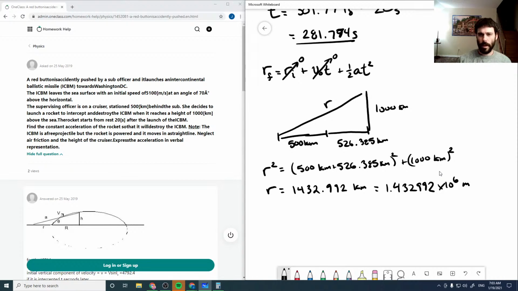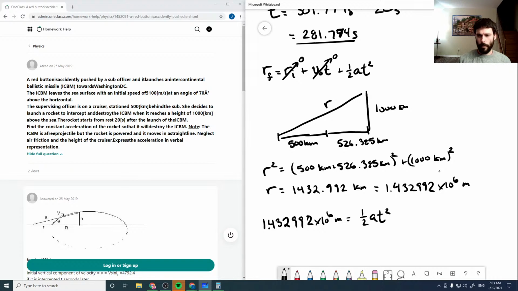Okay, and so we have from our kinematic equation 1.432992 times 10 to the 6 meters is 1/2 a t squared.